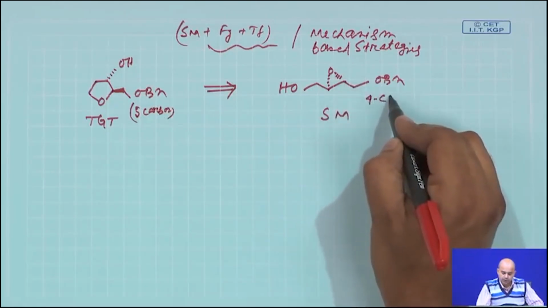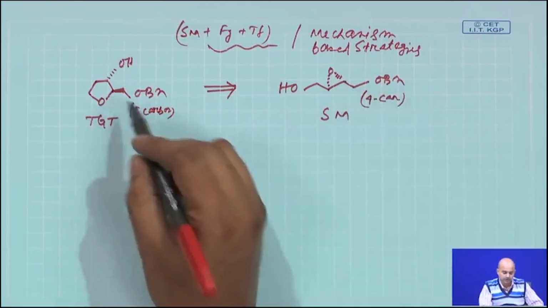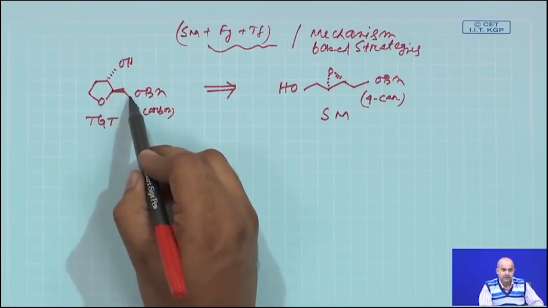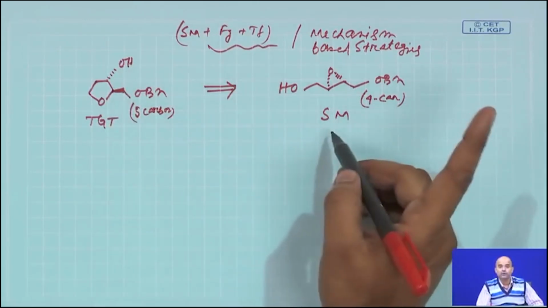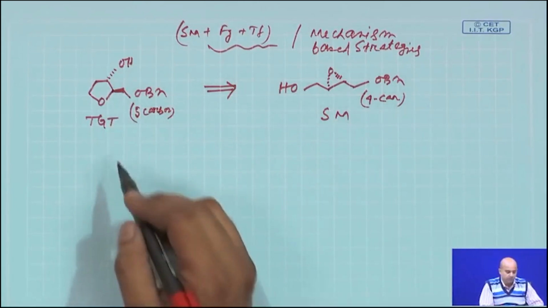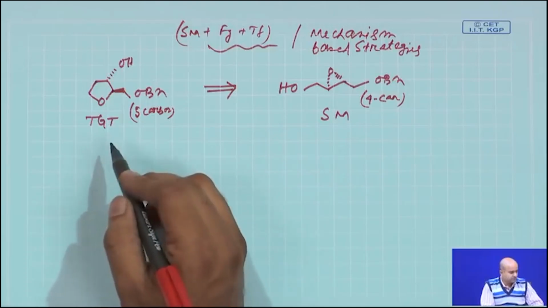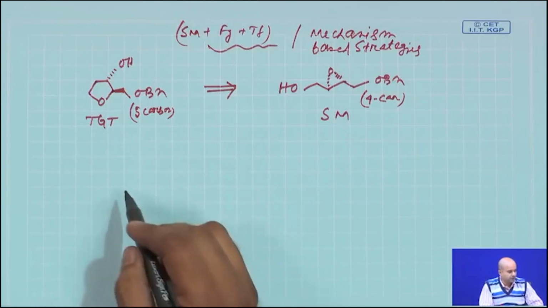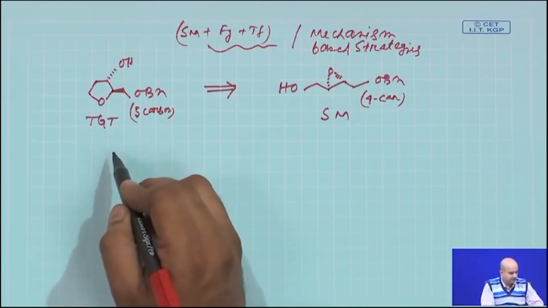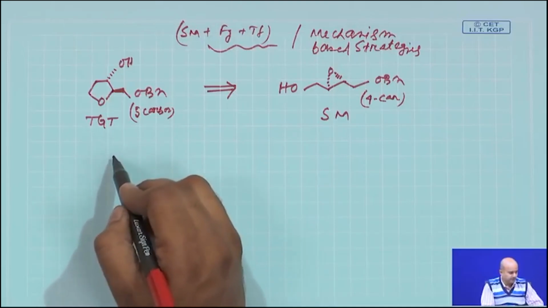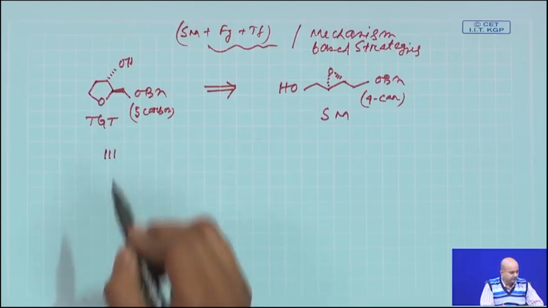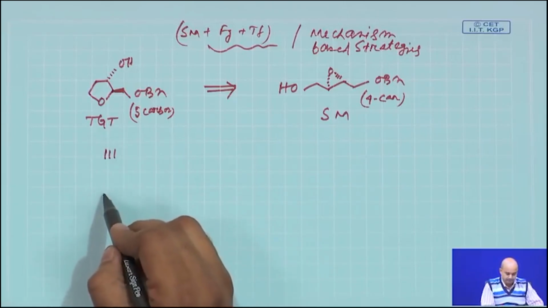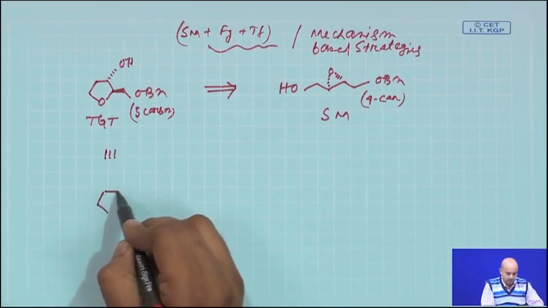So, the tetrahydrofuran, though it is 4 carbon, has a benzyl appendage with CH2OBn. So, this CH2 initially we did not count, and basically you need to add 1 carbon extra. Now, I will just put the target molecule and see how this target can be made. Now, I write this target molecule in a slightly different way.